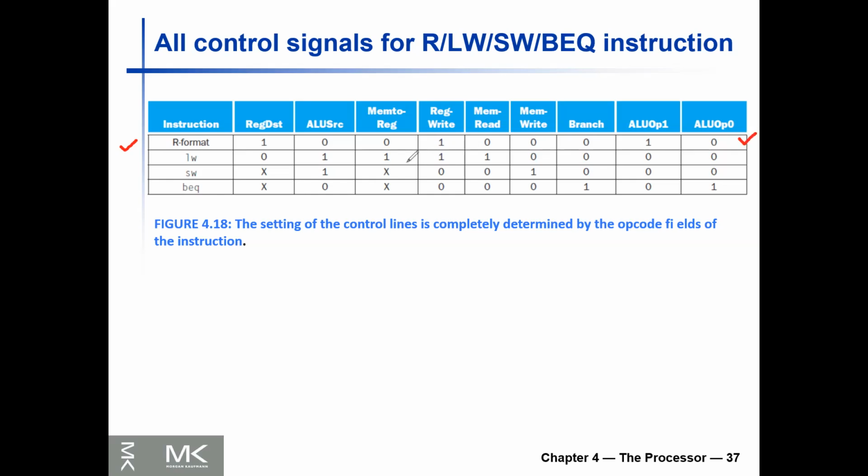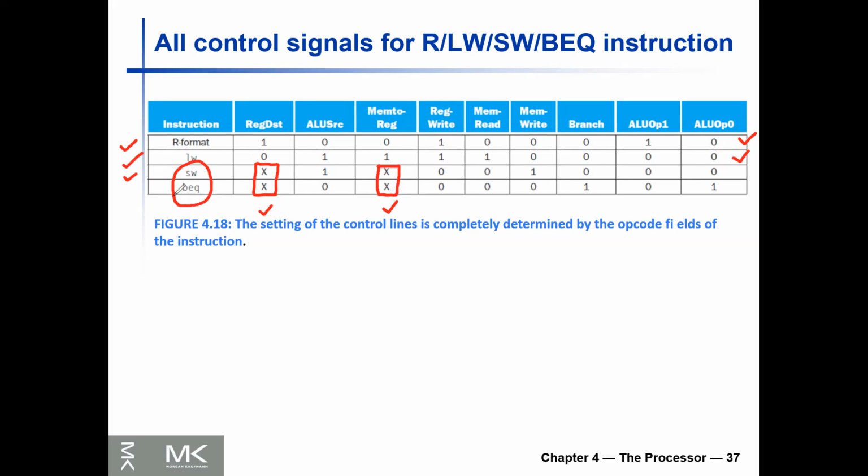1 0 we have seen. Load word, we have seen for the load word that this is something, and the 2-bit code will be 0 0. We have discussed. Store word, for the store word, register destination and memory to register will be don't care. And even one more thing, if I give you an opposite question and if you find somewhere don't care, you can easily understand that it is either SW or BEQ.